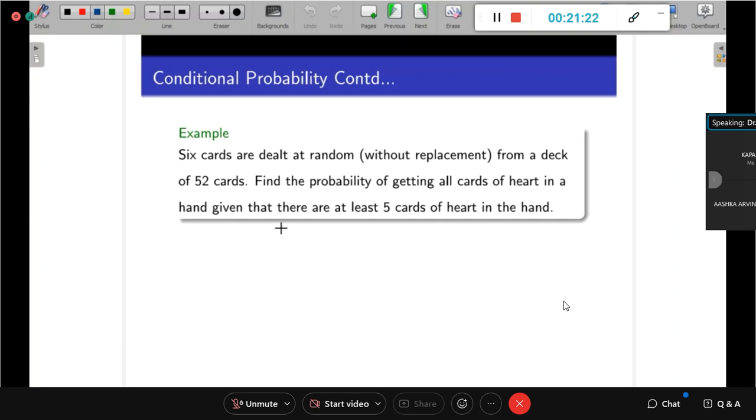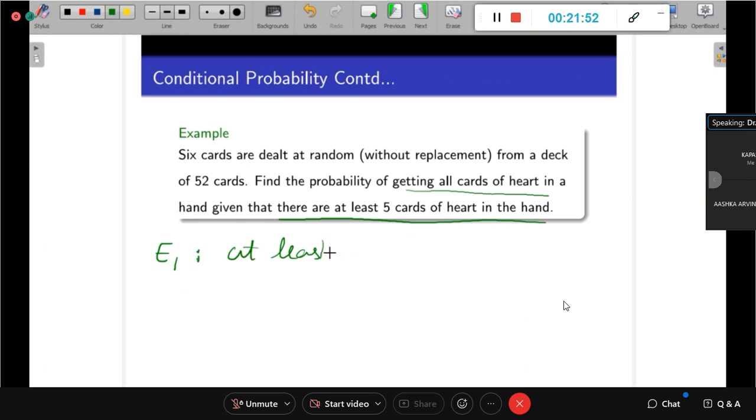Here it is given that there are at least 5 cards of heart in the hand, this is already known. In that situation you are going to find the probability of getting all cards of heart in hand.